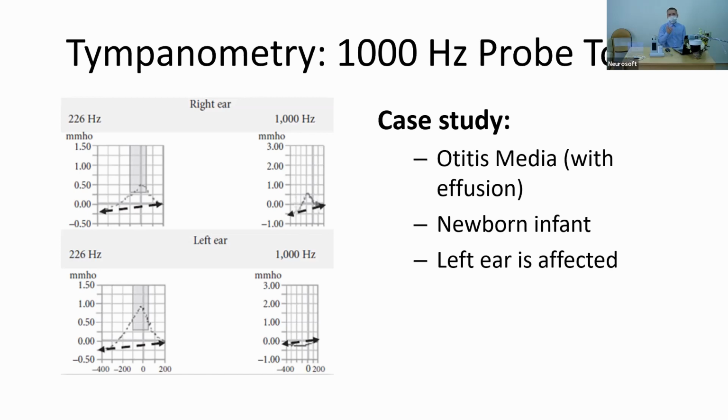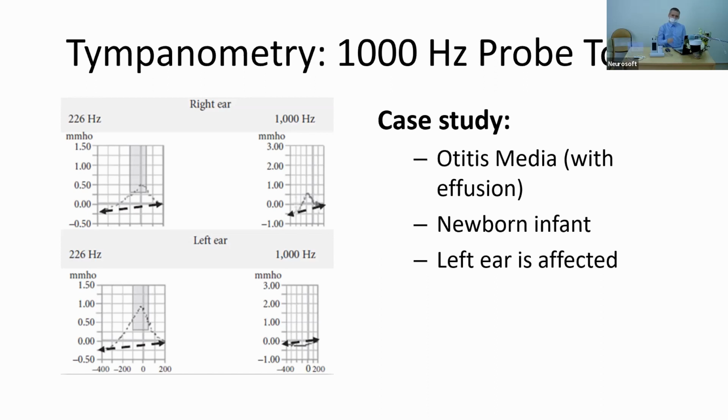Now, this is a case study, an example of why it is important to use another probe tone frequency for small children. Because let's have a look. When we measure classic tympanometry using low frequency probe tone, on the left-hand side, we measured the right and left ear tympanograms, and they both look normal. The tympanogram peak is within the normative region.